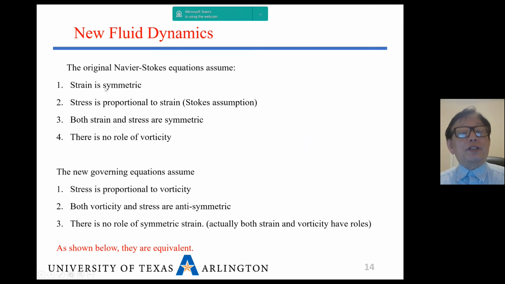So now there are 3 equations. The Stokes assumption is that strain is symmetric and stress is proportional to strain. Both strain and stress are symmetric, and there are no rules for vorticity. Our new governing equations assume stress is proportional to vorticity.